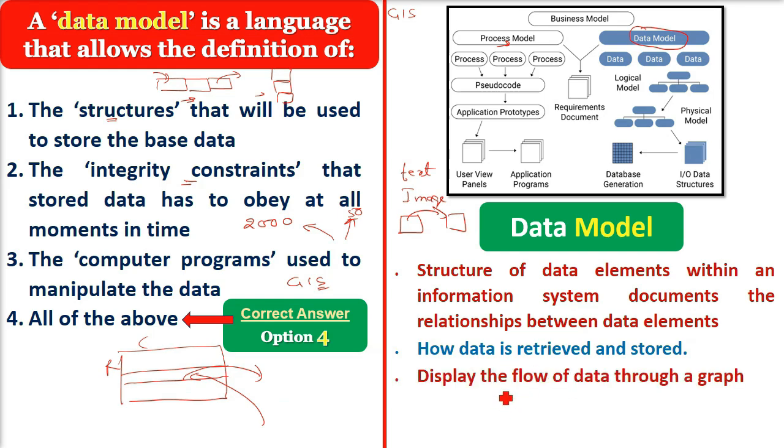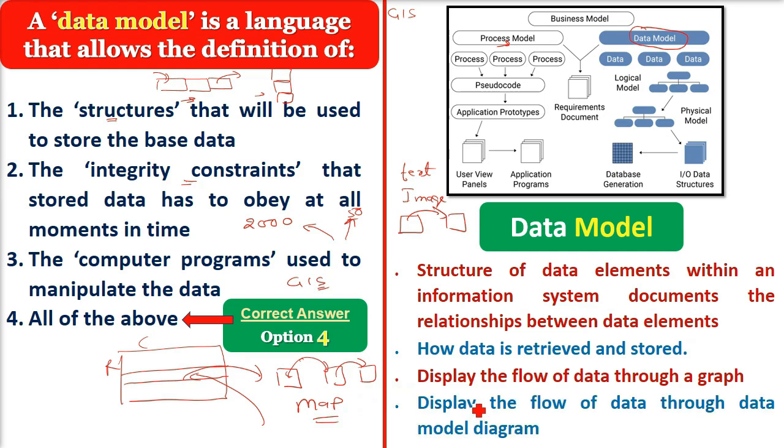And then comes the second part, which is that data models often display the flow of data through a graph or a data model diagram. So from inputting of the data till the storage and then the retrieval of data, all this is in the form of a flow of data through a data model diagram or simply a graph, and that is the data model.